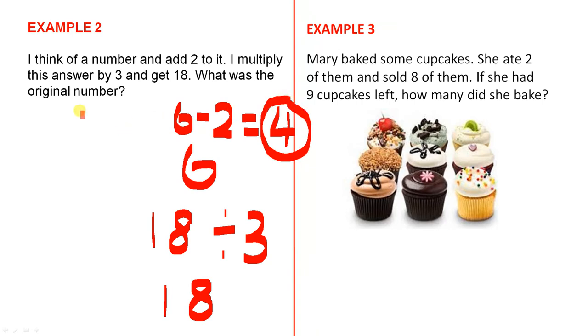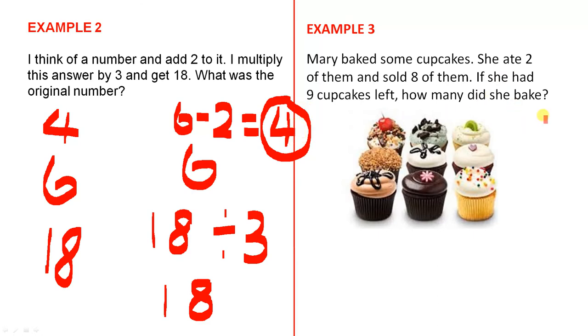Let's double check that this is correct. I think of a number which is 4. I add 2 to it. 4 plus 2 is 6. I multiply this answer by 3 and get 18. 3 sixes are 18. And it is correct. So the answer was 4 for the original number.